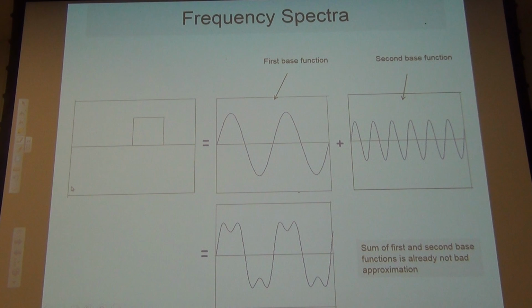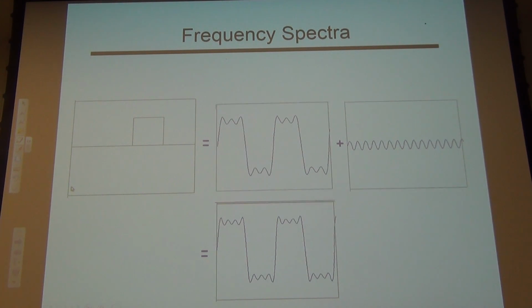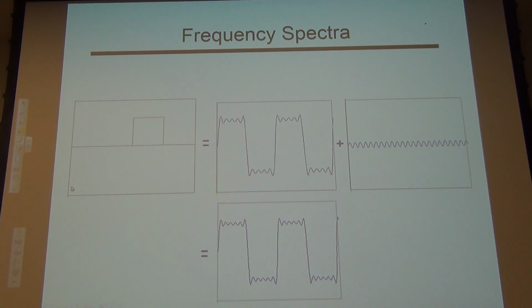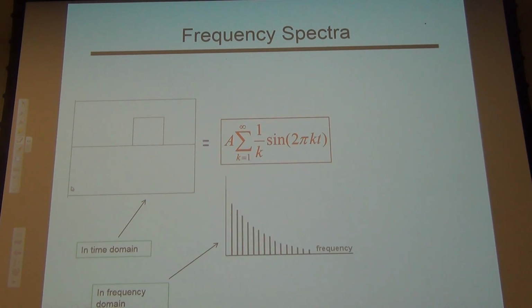Again, for this periodical square signal, remember, if we want to reach this target signal, we need to keep adding sine or cosine waves with frequency increasing to infinity. We add once, then a second, then a third. We keep adding, and finally we may have the periodical square signal.